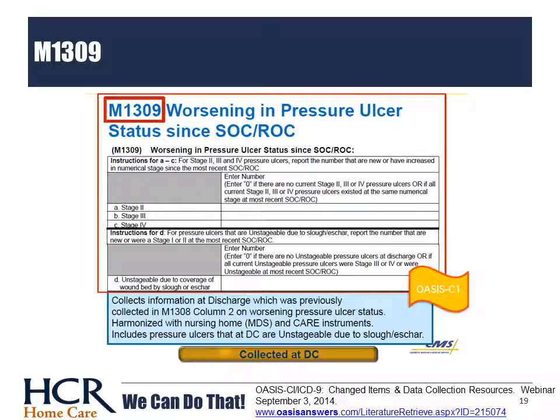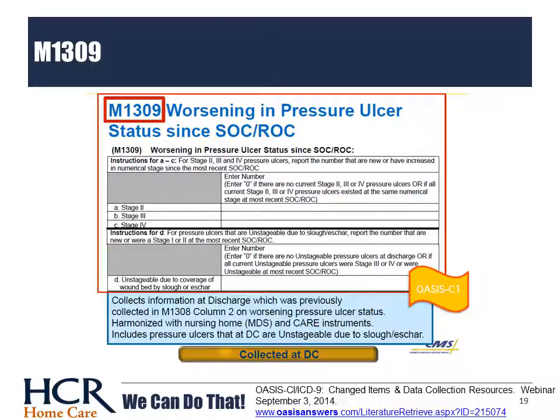So the question will be asking for stage 2, stage 3, stage 4 pressure ulcers, report the number that are new or have increased in numerical stage since the most recent start of care or resumption of care. You will be entering a number, either 0 or any number forward, to indicate if one of those stage 2, stage 3, or stage 4 pressure ulcers has worsened.